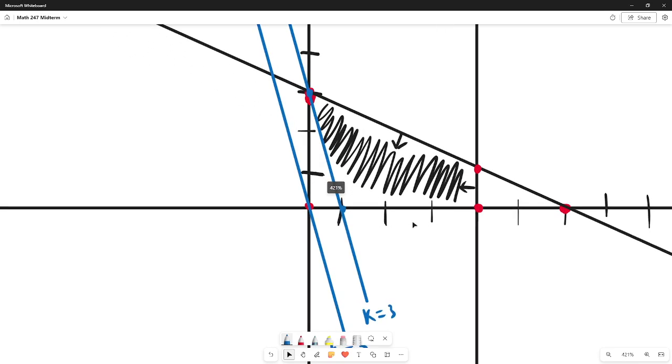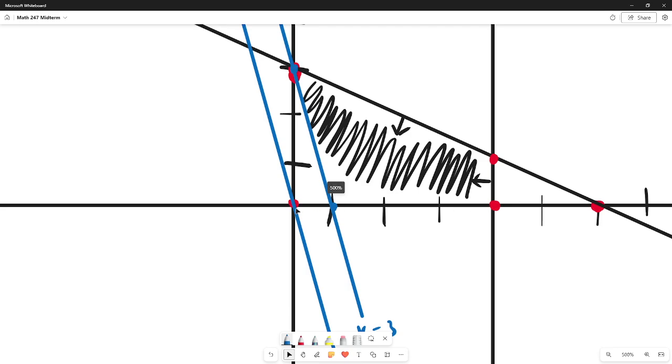And we can use this to see which extreme point it is going to hit first. Well, first, let's label our extreme points. This is A, this is B, this is C, and this is D. This one is not included because it's not within the feasible region, so it is not an extreme point.